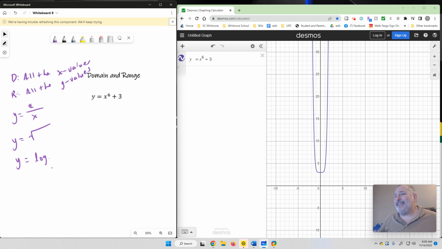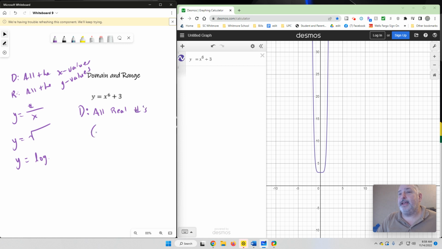So if I don't see anything limiting like a denominator, a root, or a log, or some kind of special function, typically the domain is all real numbers. So in this case, the domain is all real numbers.